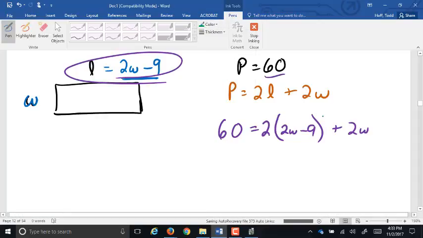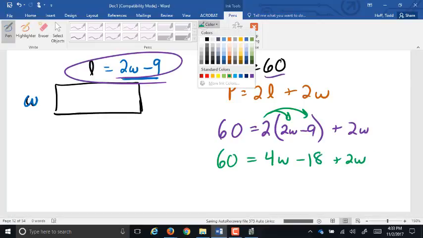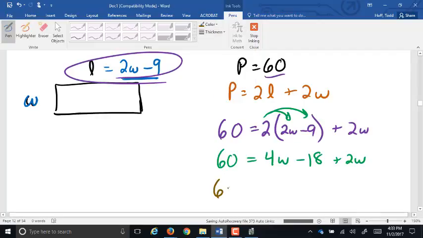Now we just have to solve the equation for W. So we're going to multiply the parentheses there. 2 times 2W is 4W. 2 times negative 9 is negative 18. Now we can combine some like terms on the right side there. 4W and 2W make 6W minus 18.